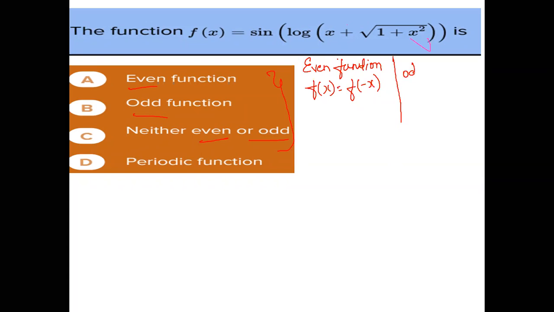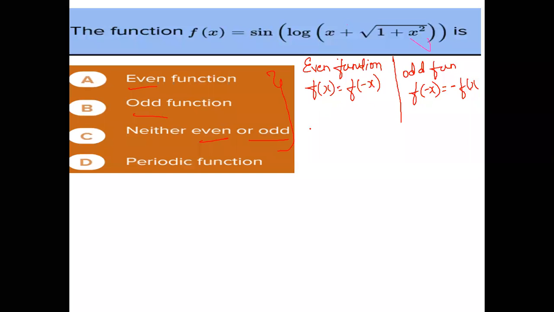Now what do you mean by odd function? Odd function is if f of minus x, when x is replaced by minus x, the end result, whatever you get, is in the form minus f of x, then we say that the given function is an odd function.